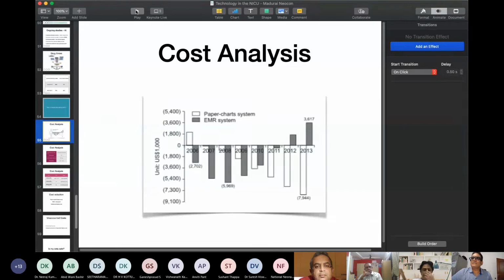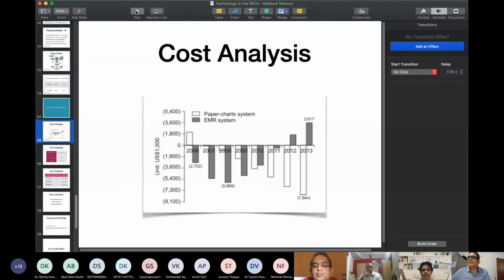analysis of EMR. There are studies in the US where they have done the cost analysis of the EMR and the hospital management system. On the x-axis are the years, 2006 to 2013. The darker bar is the EMR system and the whiter bar is the paper chart system.